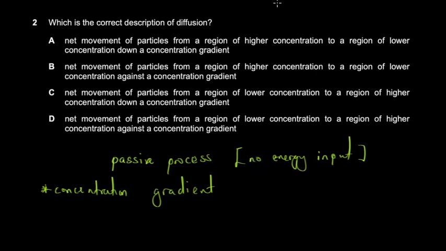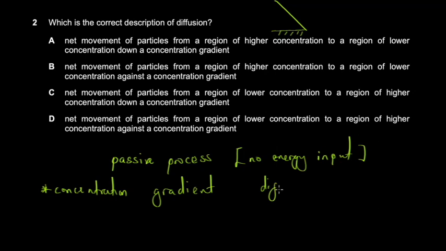So the way that I always imagine it is that this is my gradient, this is my slope. You can think of it as this one would be the ground, say. So here diffusion, how does it move? Does it move against the concentration gradient, or does it move down the concentration gradient? So it actually moves down the concentration gradient.